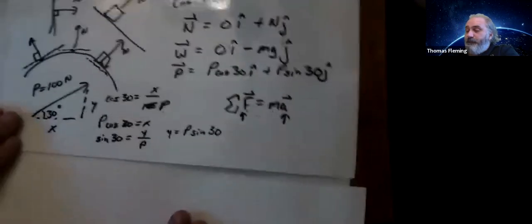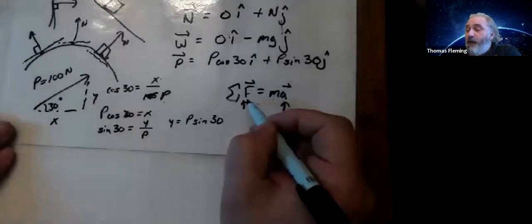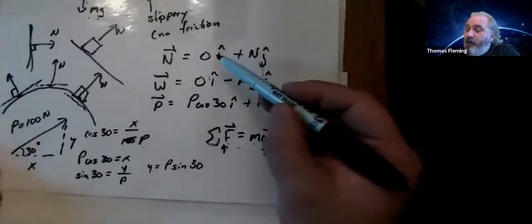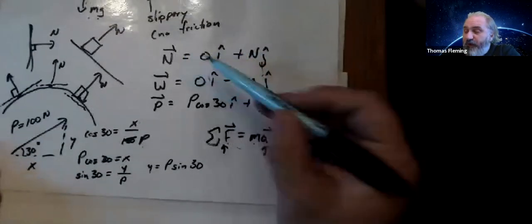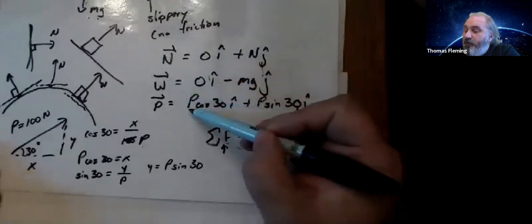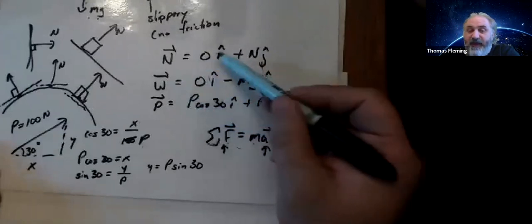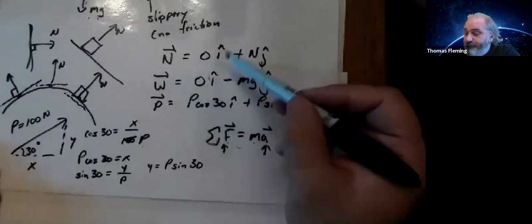So I want to do the sum of the forces in the X direction first. Well, in the X direction, I have 0 for the normal force. I have 0 for the weight, but I do have the push times the cosine of 30. That's the only force in the x or i hat direction.